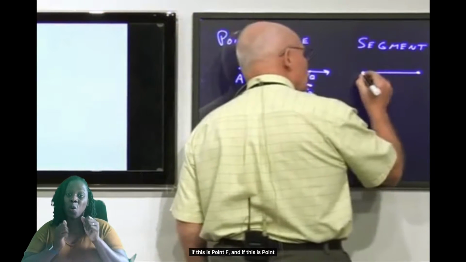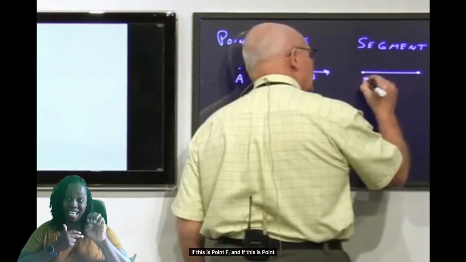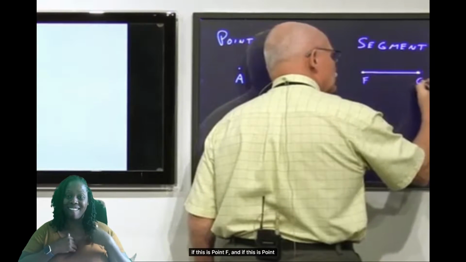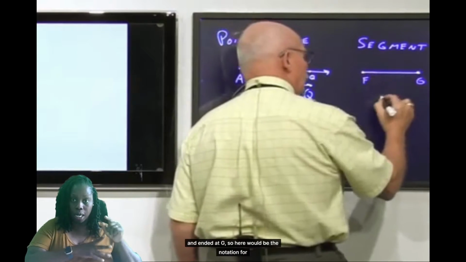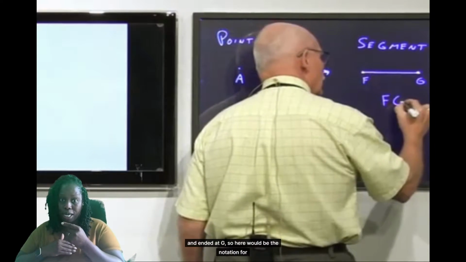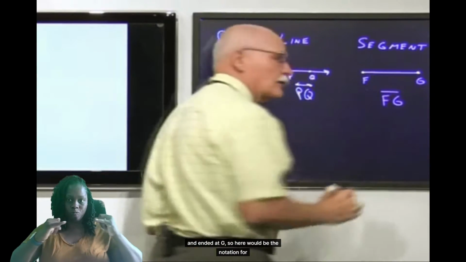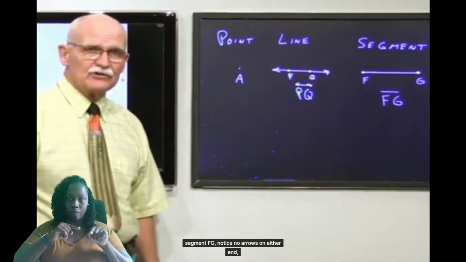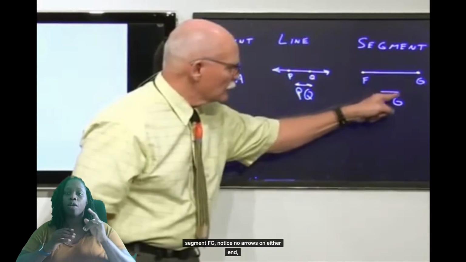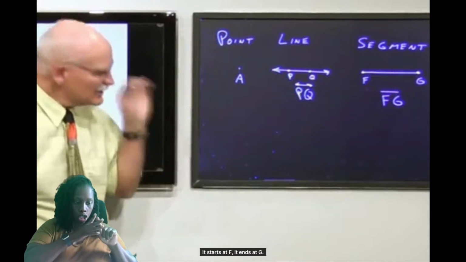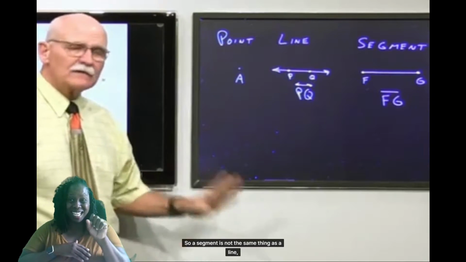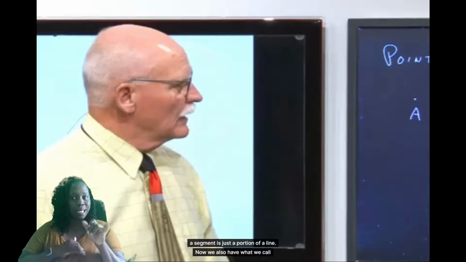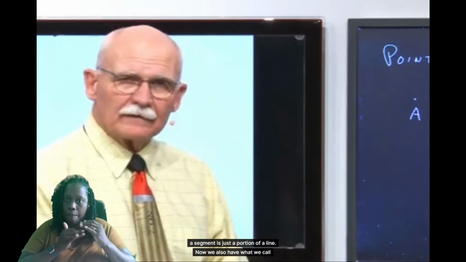But if this is point F, and if this is point G, the segment started at F and ended at G, so here would be the notation for segment FG. Notice no arrows on either end. Okay? It starts at F, it ends at G. So a segment is not the same thing as a line. A segment is just a portion of a line.